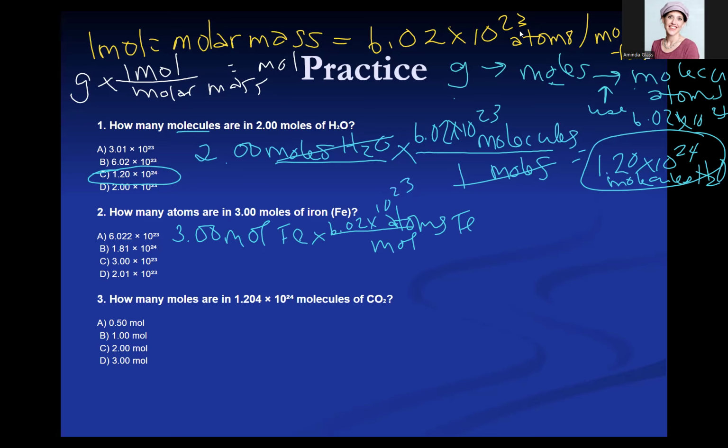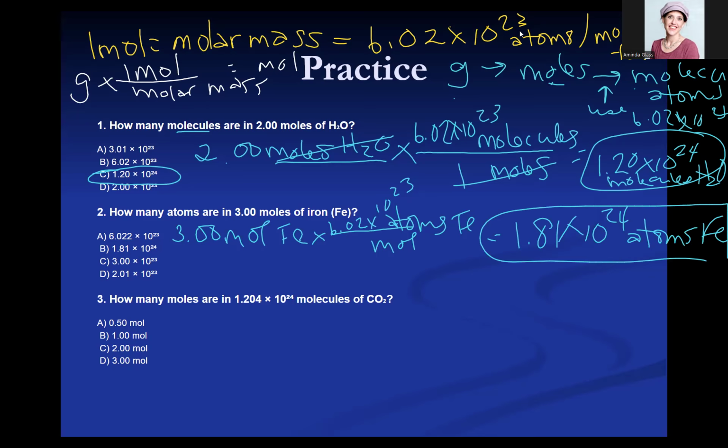So it's 3.00 times 6.02 times 10 to the 23rd equals 1.81 times 10 to the 24th atoms of iron. So that is B.